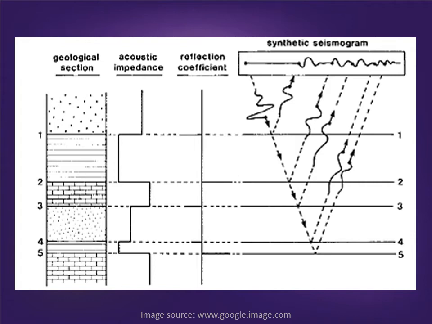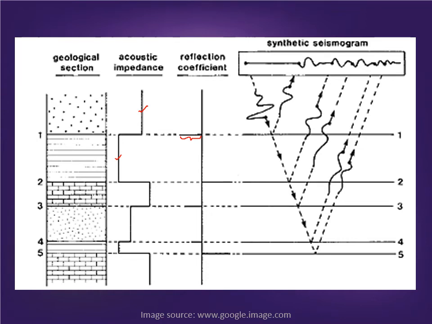So regarding the reflectivity coefficient, here you can see that the difference between the acoustic impedance of sandstone and this shale is very high. So you can see the reflectivity coefficient between the interface of these two layers is high. Similarly, the acoustic impedance difference of shale and limestone is also high.